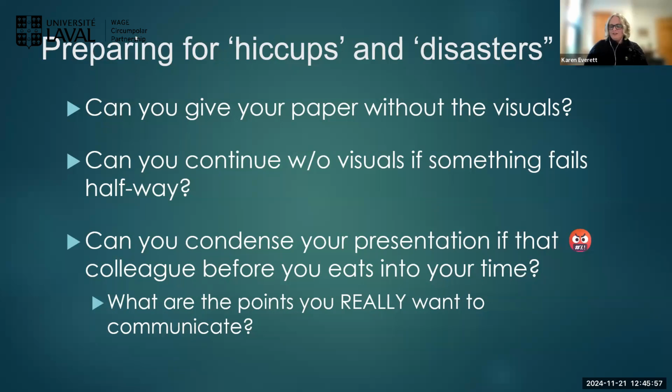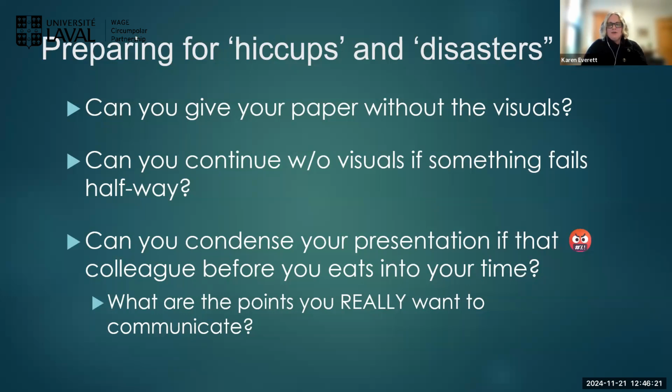Another hiccup could be with the instructions for your panel. You're told you have 10 minutes, 12 minutes, 20 minutes, however long. And then the person or people before you go over, and there's a hard deadline for the end of that session, so when it comes to your time, you've only got 10 minutes instead of 15. So what do you do?